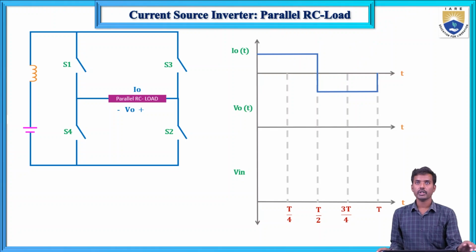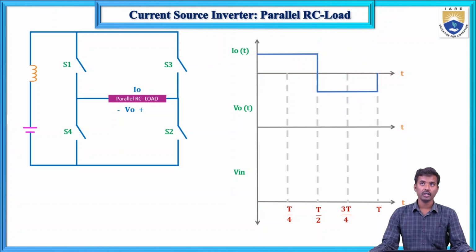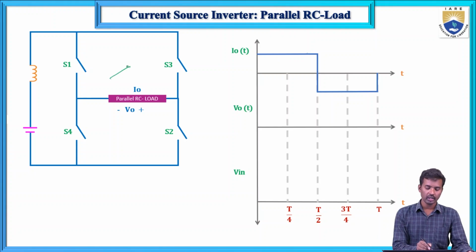Next, parallel capacitive load. How will you get the parallel RC load? Here same scenario, output current is fixed for all loads: R load, C load or parallel RC load. Here the combination of parallel R and C is the load I am connecting.